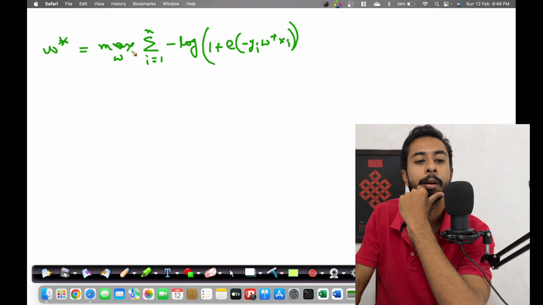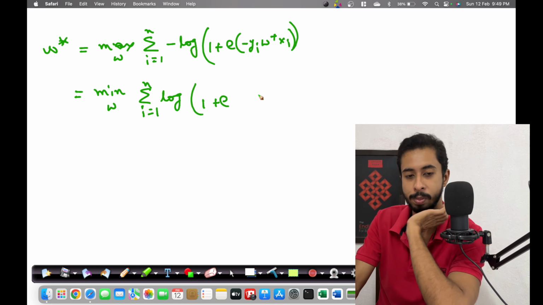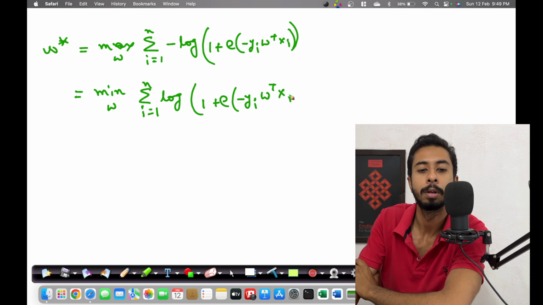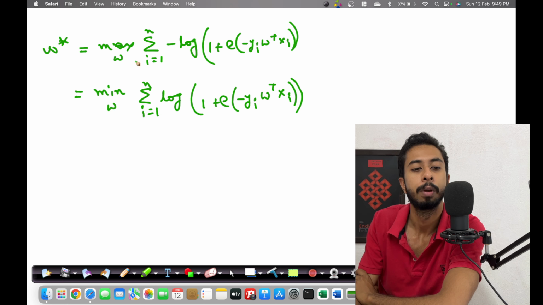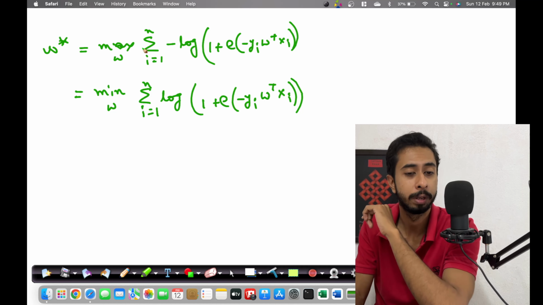Now this is a maximizing function, and there is a negation here. So we can simply make it minimize w, i equals 1 to n, of log of 1 plus e to the power minus yi w transpose xi. So we have converted the maximizing function to a minimizing function. That's what we have done here, right?